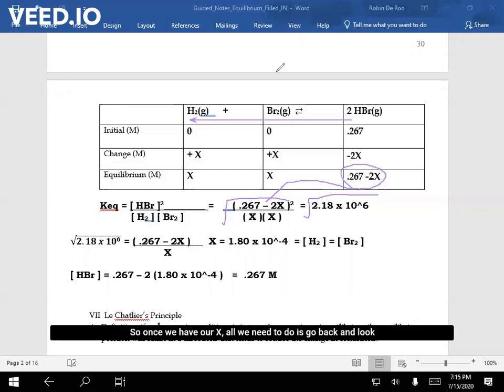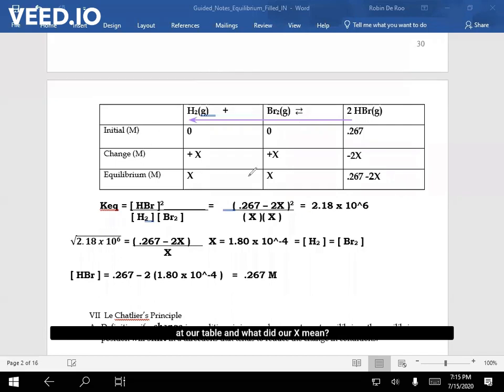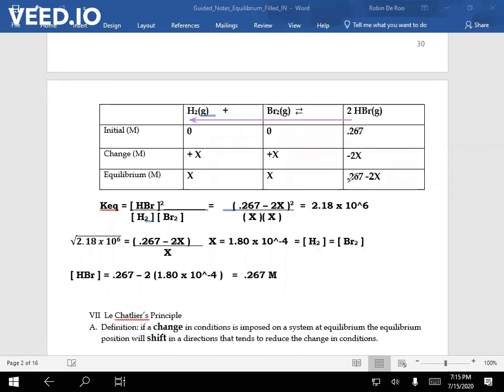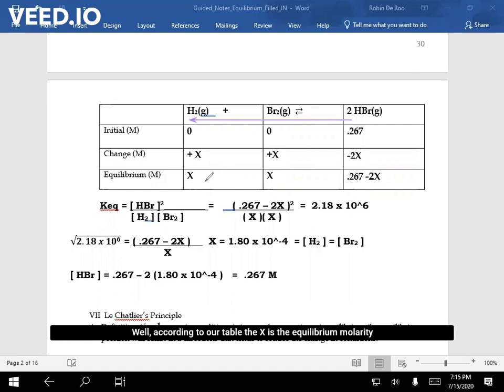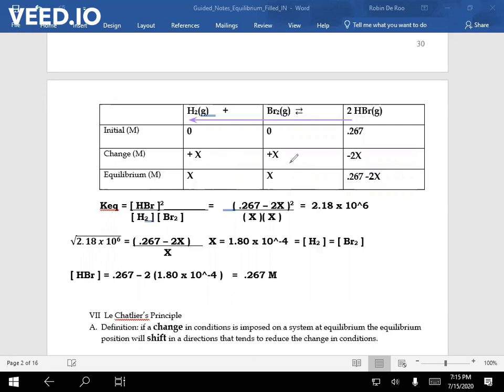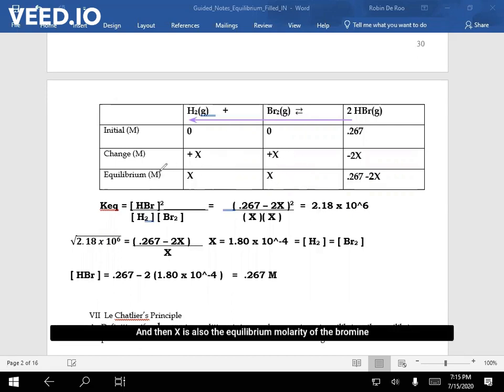So once we have our X, all we need to do is go back and look at our table and see what our X meant. Well, according to our table, the X is the equilibrium molarity of hydrogen gas. And then X is also the equilibrium molarity of the bromine gas.